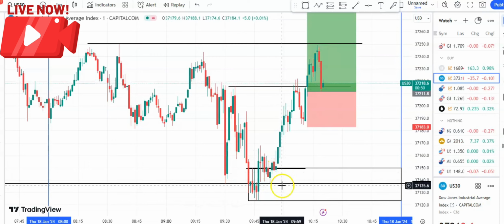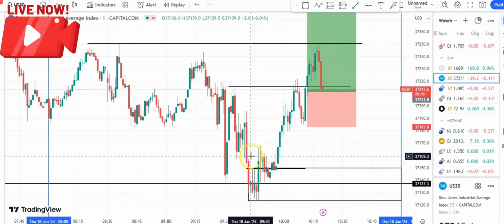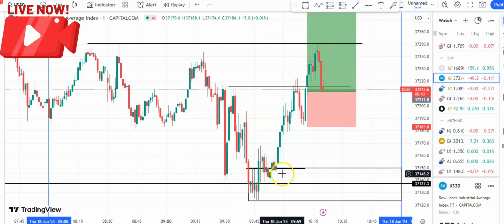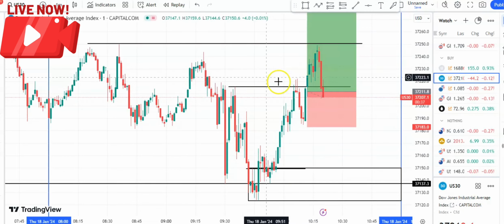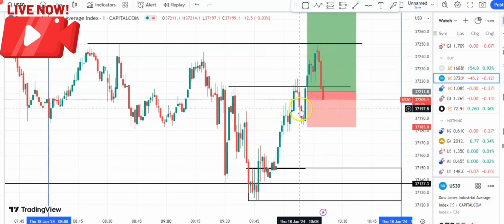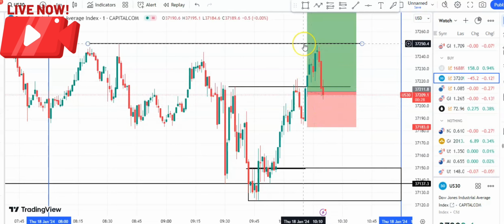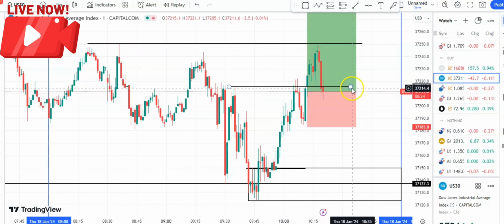So if we got the engulfment candle after this retest, that would have been an excellent 5-star setup going back to the high of the session. But this trade gave us an entry up near the high of the session. So if you think about it, you have only this small space here if you are targeting the high of the session.